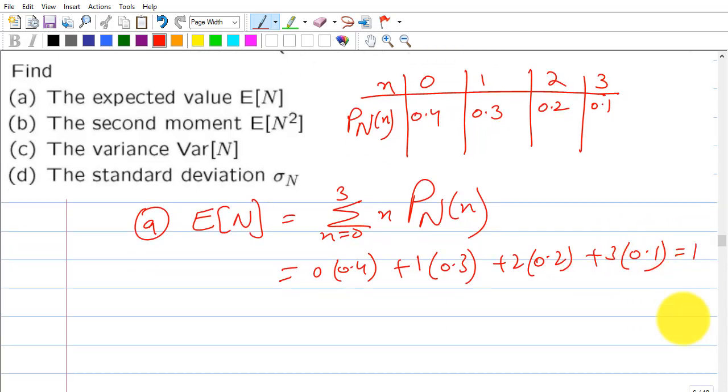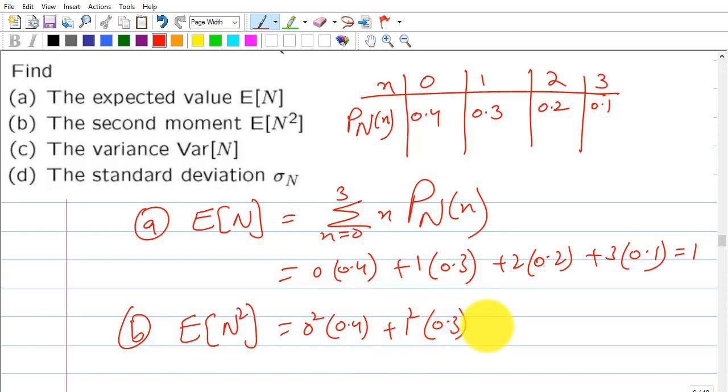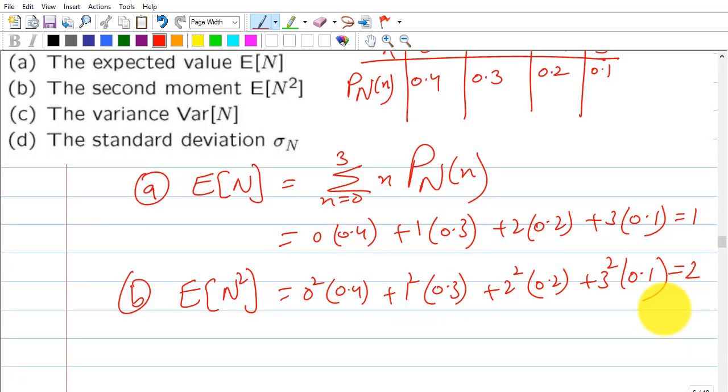Similarly, the second moment can be found easily. The second moment would be 0 squared times 0.4 plus 1 squared times 0.3 plus 2 squared times 0.2 plus 3 squared times 0.1, which comes out to be 2. Now the variance is straightforward.